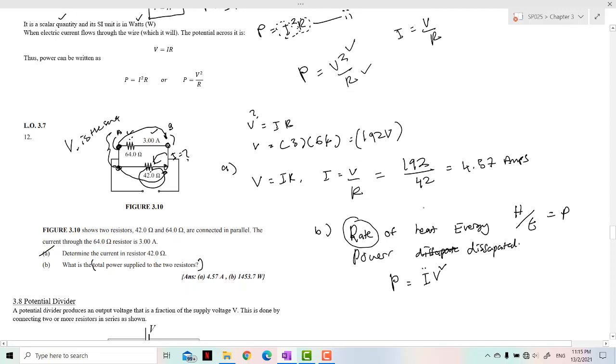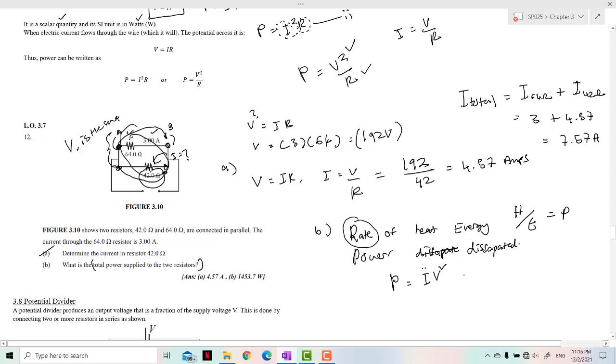So what you need to do is find the I total. The I total here is basically the I of the 64 ohm resistor added to the I of the 42 ohm resistor. Because it's in parallel, you just add the individual currents. So you get 3 plus 4.57, which is 7.57 amps. That's the total current travelling through the top circuit here.